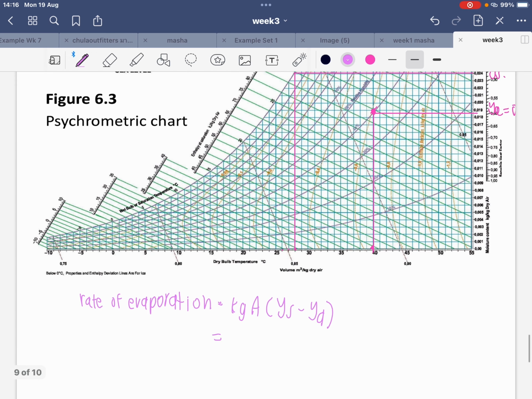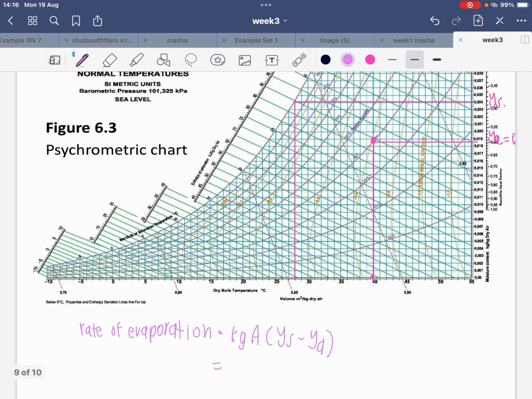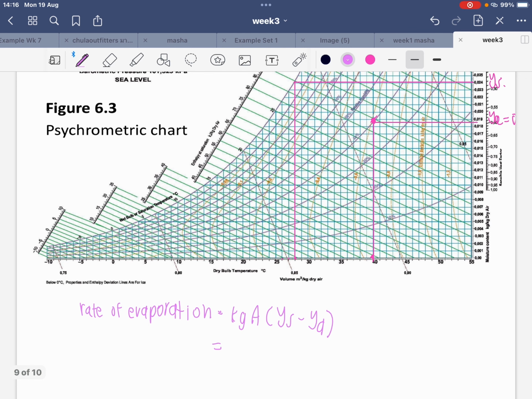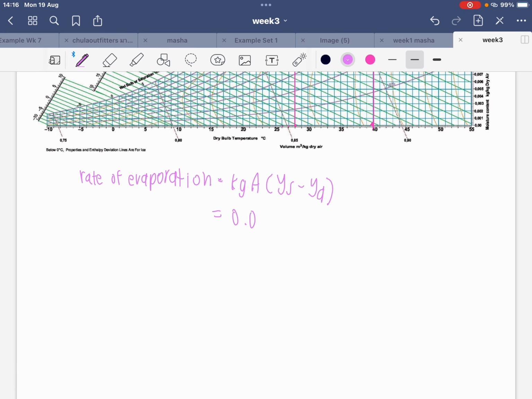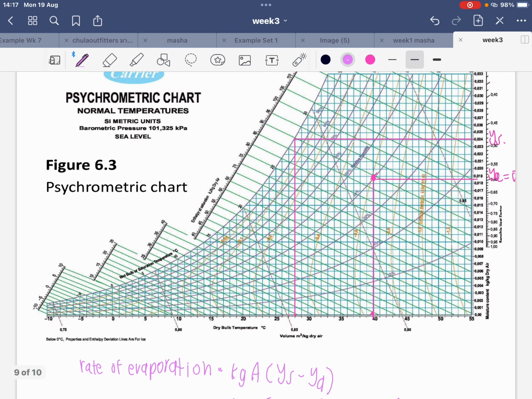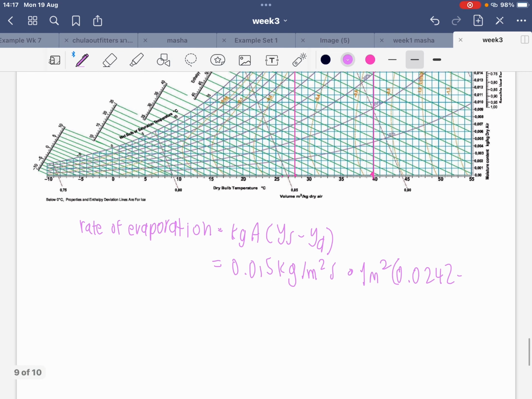YS is 0.0242 and YA is 0.016, so 0.015 kilograms per second times 1 meter squared times 0.0242 minus 0.016.